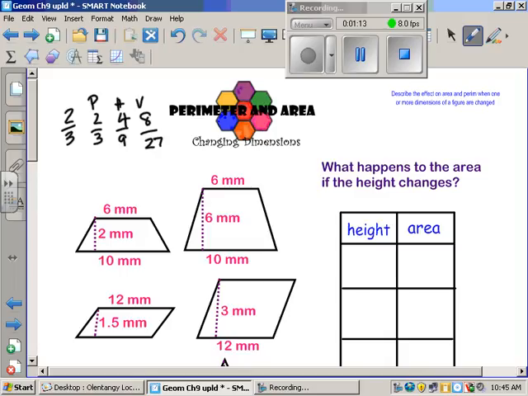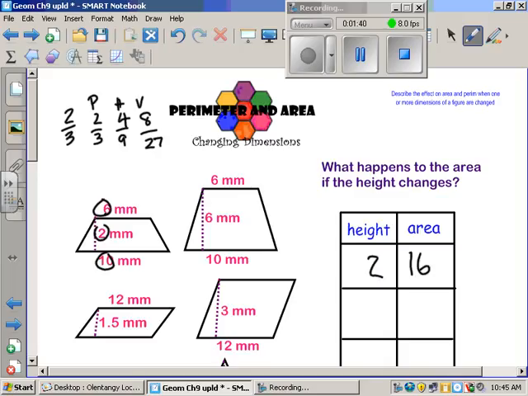All right, so think about this for a second. If you take the area of this trapezoid, which is 1/2 base 1 plus base 2 times height, so that's 1/2 times 16 times 2. So 1/2 of 2 is 1, and 1 times 16 is 16. So when the height is 2, the area is 16.